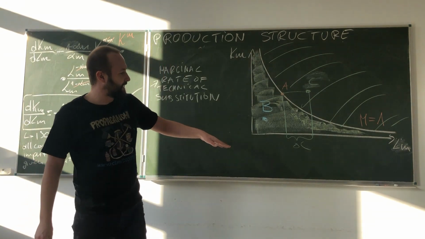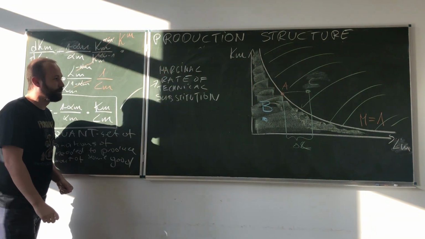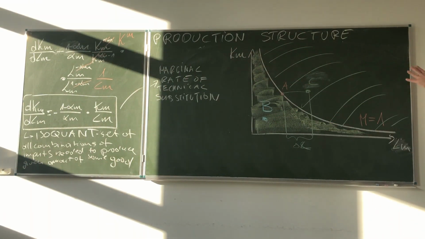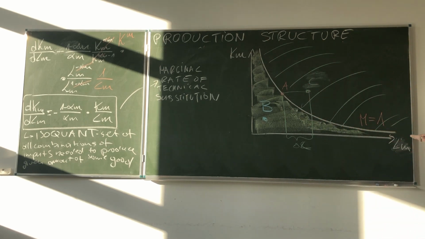I could decrease labor by this amount and still be able to produce 1 unit. So those combinations over here are inefficient, and the entrepreneur definitely wants to be somewhere on this line.